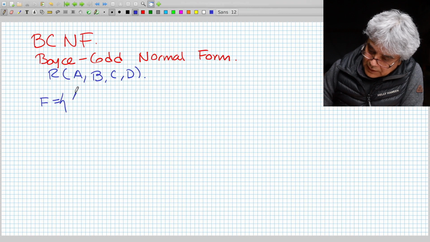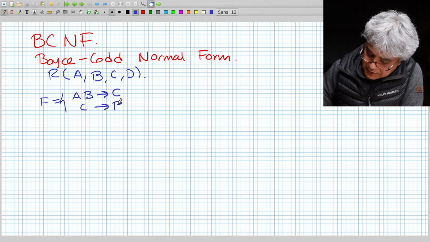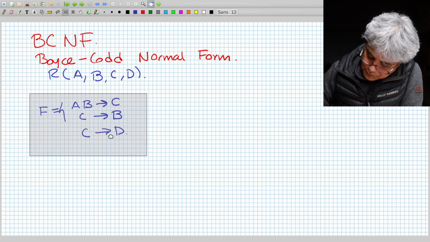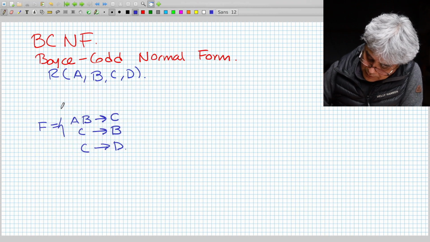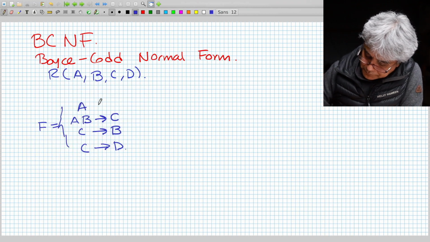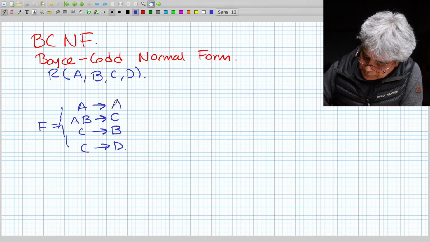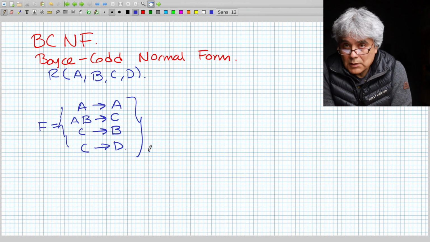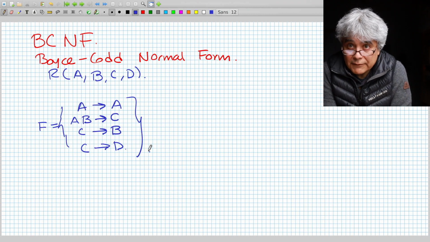We have A, B implies C, C implies B, and C implies D. Let me actually throw in just one extra to make a point obvious. So I'm given this relation. So the question is, is it BCNF?